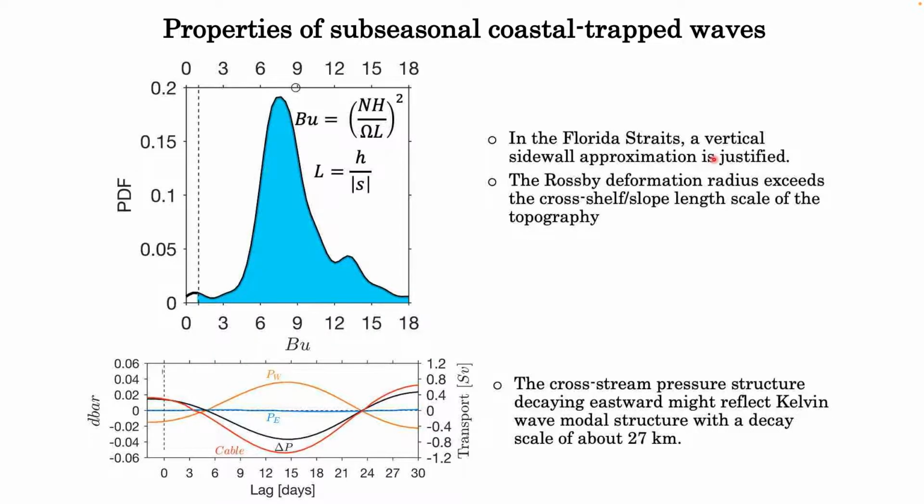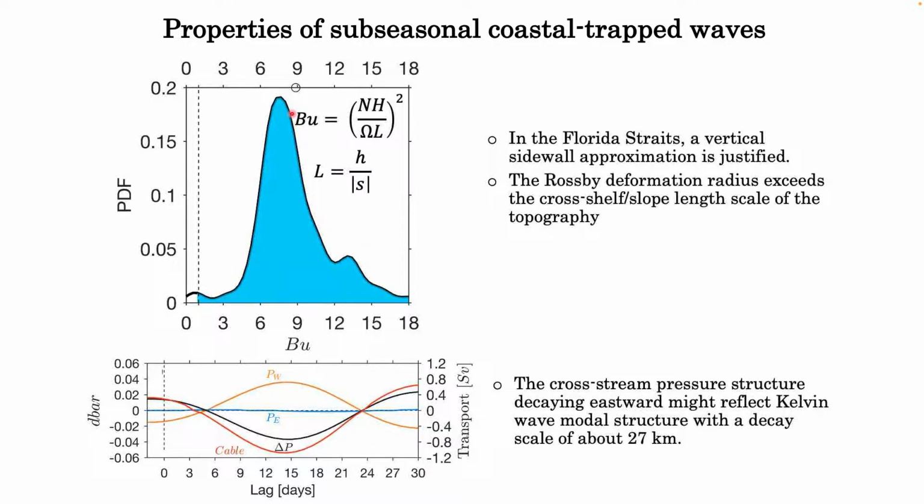I think it's because the baroclinic Rossby deformation radius in that region, particularly near the cable site, exceeds the cross shelf and slope length scale, as indicated by this plot showing the distribution of the Burger number, which is basically the ratio between the deformation radius and the cross shelf and slope length scale.